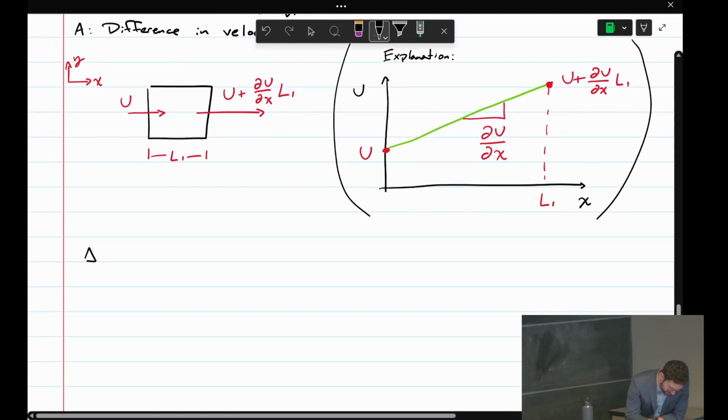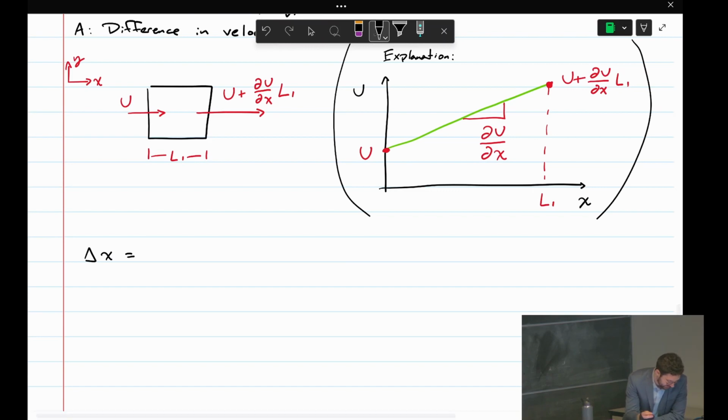Okay. So now we can figure out what that delta x is because we know the two velocities. So delta x, the change in length, is going to be the velocity at the right face minus the velocity at the left face times delta t.